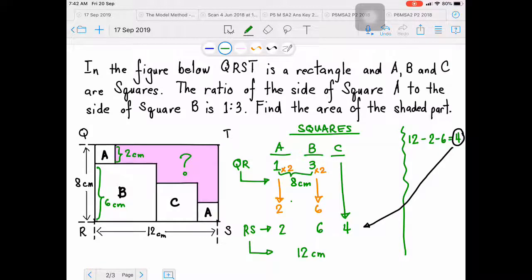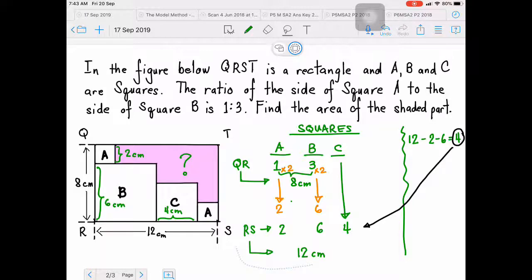And a bracket on the side of square C, which is 4 centimeters. We are now close to finding the area of the unshaded portion.